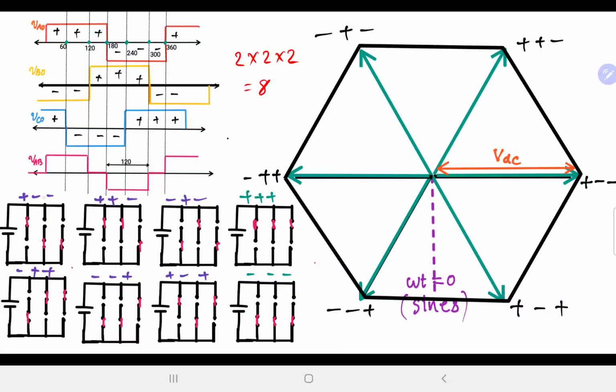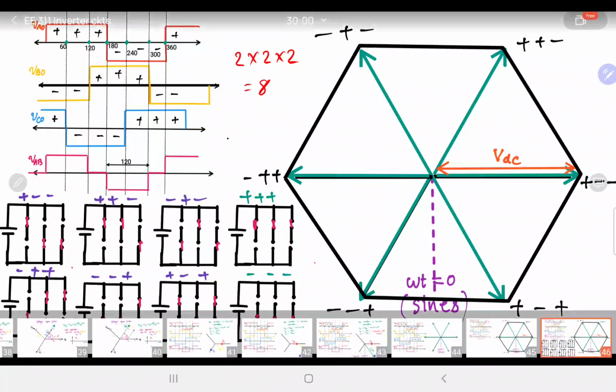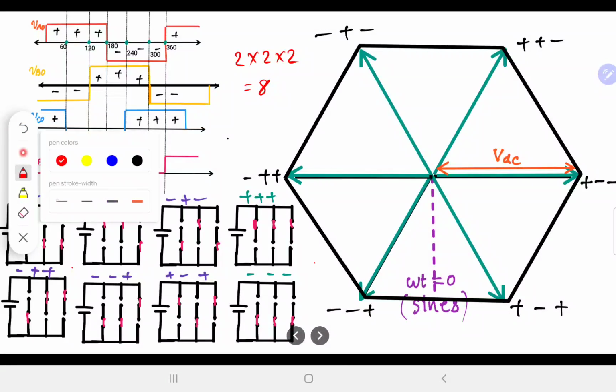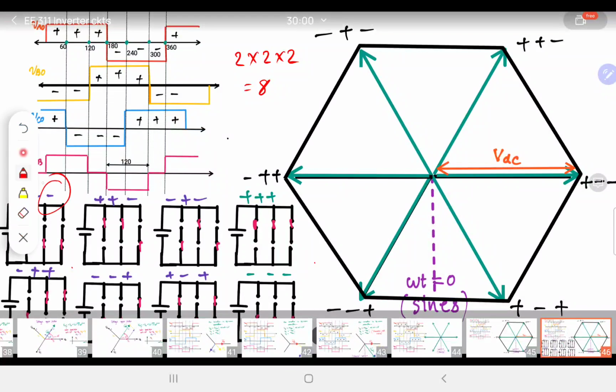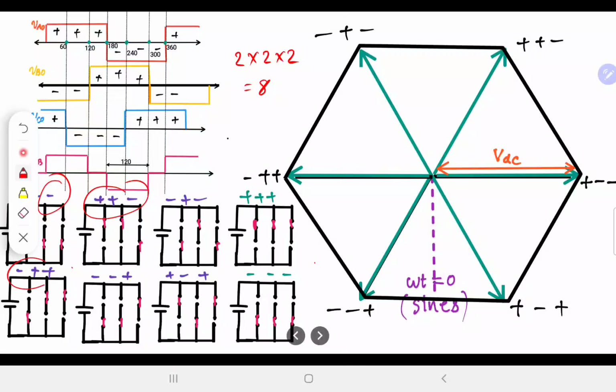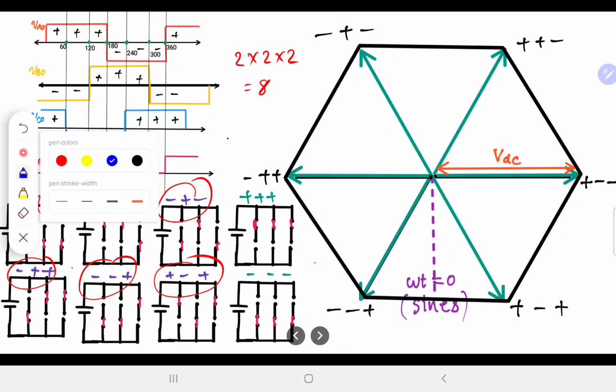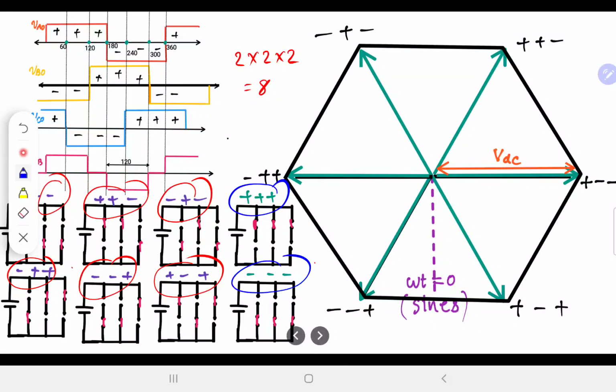So we identify that we have 6 active vectors which can be generated from the inverter, and 2 zero vectors.